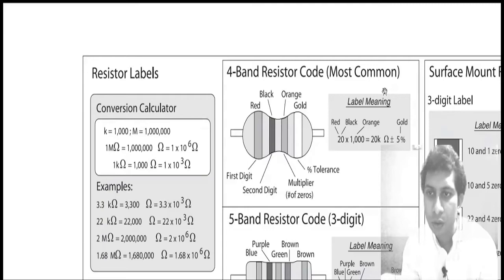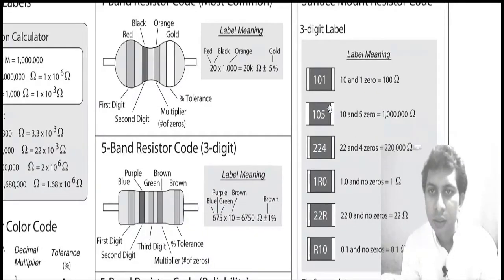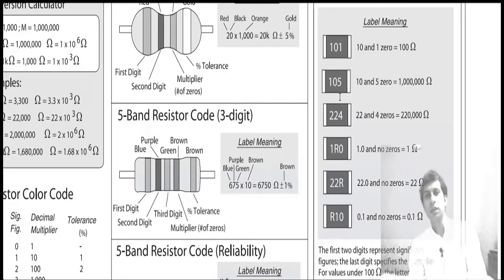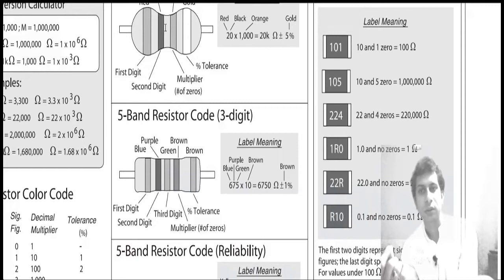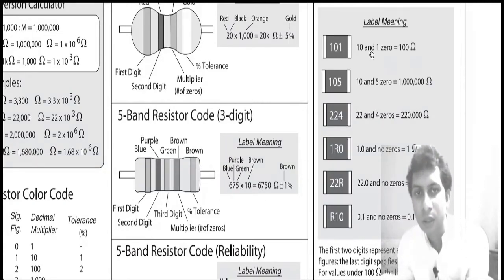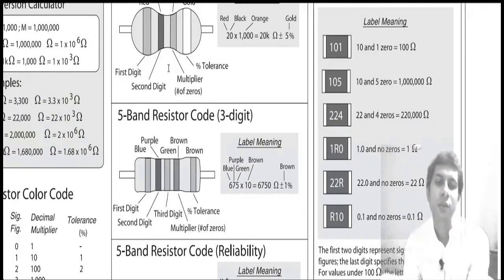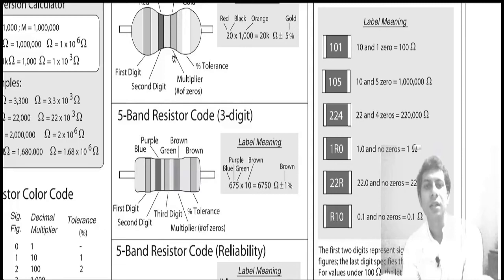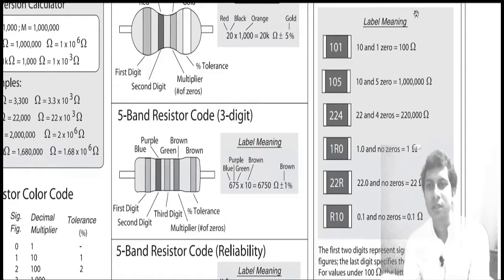Now, in today's scenario, in electronic circuits we shrink the value or we shrink the packaging. These are very large, visible with the naked eye, and somewhere in your motherboards or advanced electronic circuits, we do not use these kinds of cylindrical resistors, because they use much larger space compared to surface mount resistors.